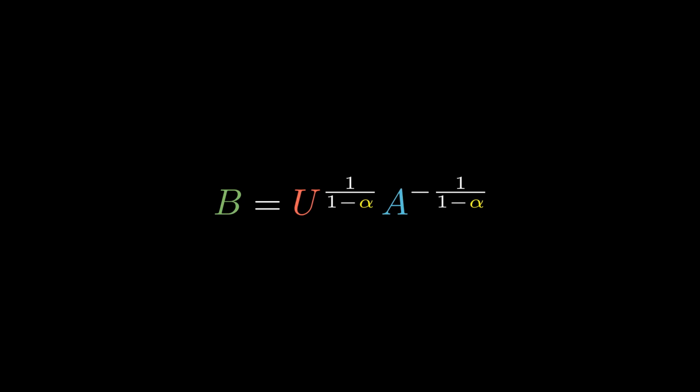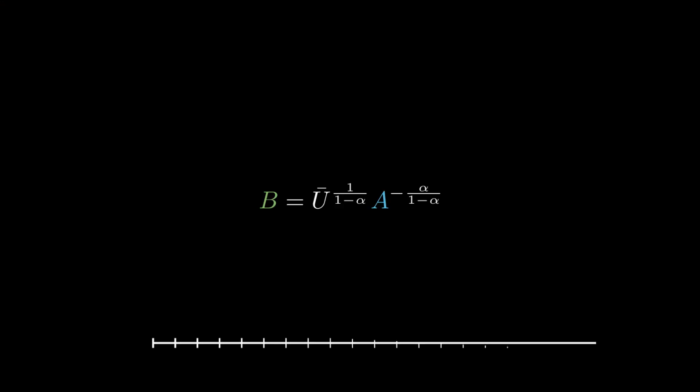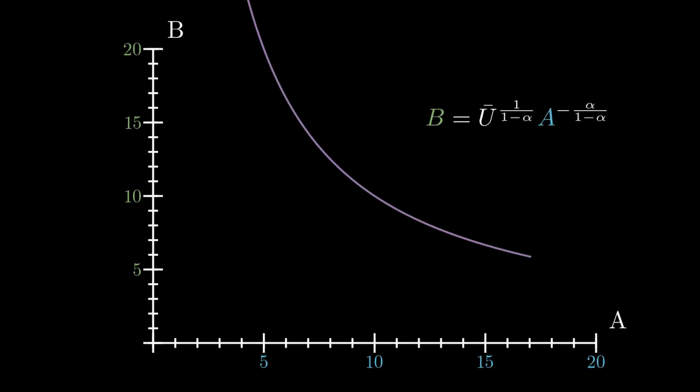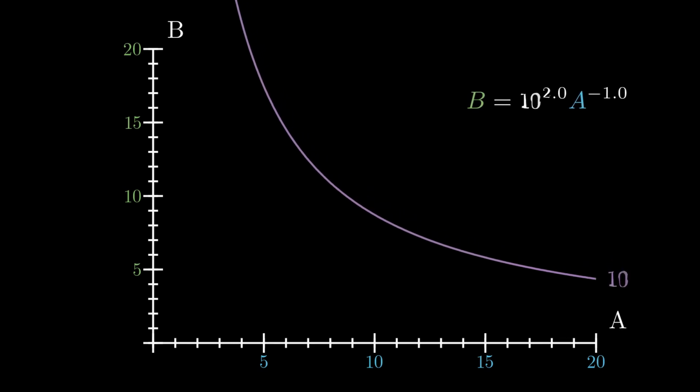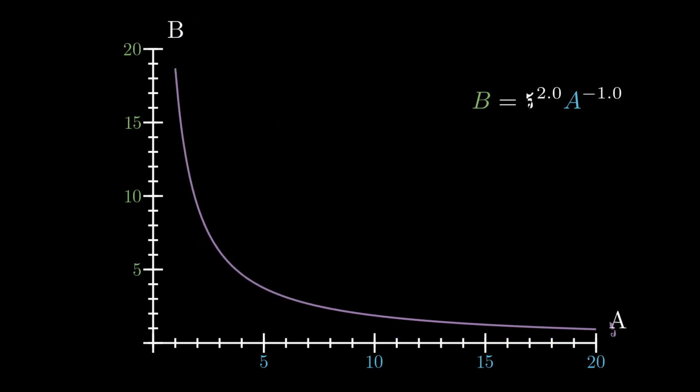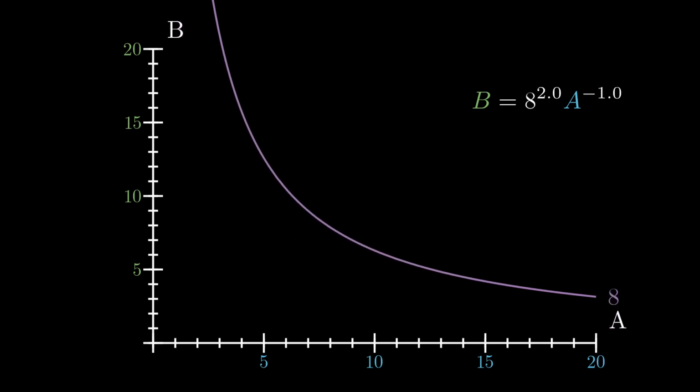So if we take a consumer's utility function and set it equal to a particular utility value, we have the formula for one of the consumer's indifference curves. So here we have the formula for the Cobb-Douglas indifference curve for B. As you increase U bar, you get the formula for higher and higher indifference curves. And note that along an indifference curve, B is a function of A. As we change A, B has to change to keep utility constant.